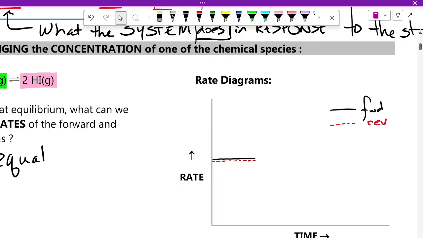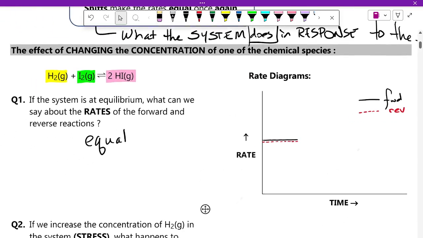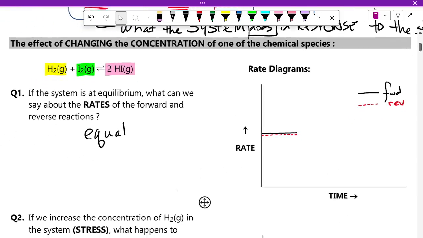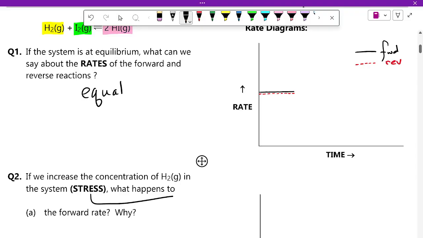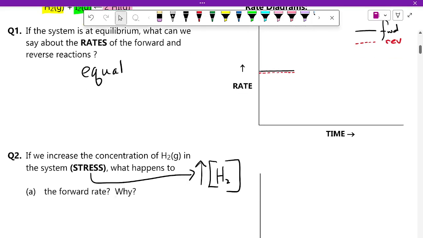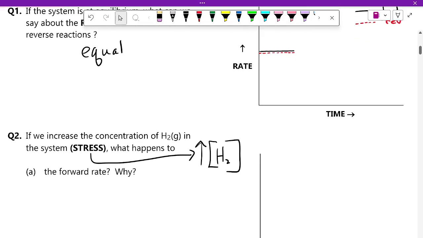All right, and now what we are going to do is we are going to stress the system. So our stress is an increase in the concentration of H2. If the stress is an increase in the concentration of H2, what happens to the forward rate? I'm going to rewrite this, H2 plus I2 to HI.